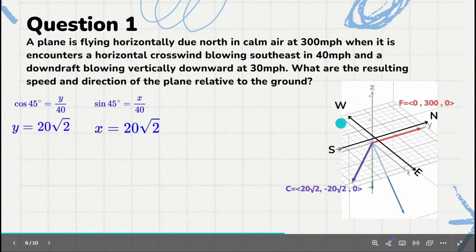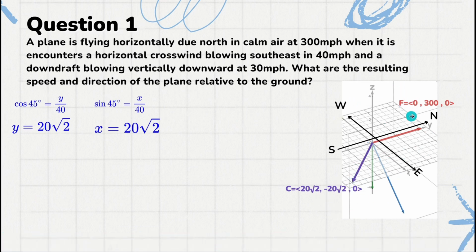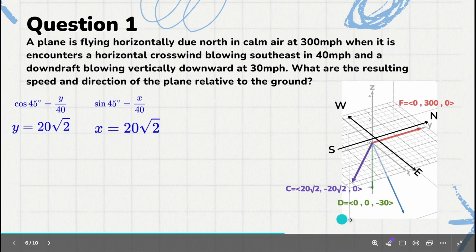Because it is actually 3D, we have 3 components in one vector, three variables. And this is the vector form for the downdraft vector. So we need to find the resulting speed and direction, this blue line.